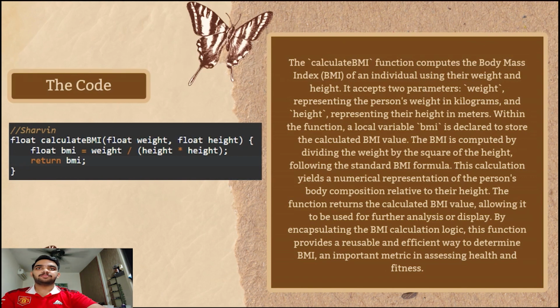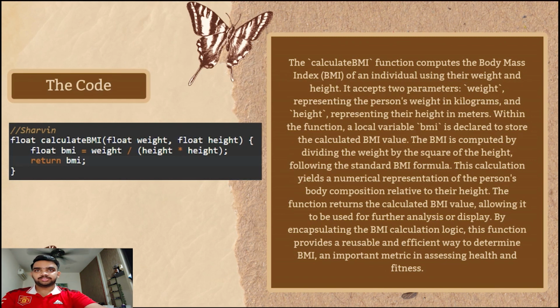This calculateBMI function computes the body mass index of an individual using their weight and height. It accepts two parameters: weight, representing the person's weight in kilograms, and height, representing their height in meters.